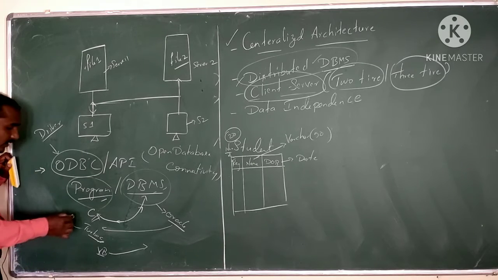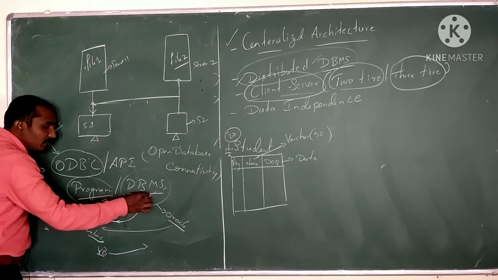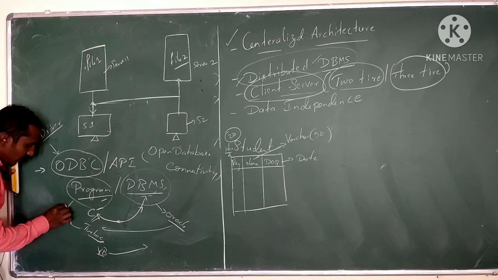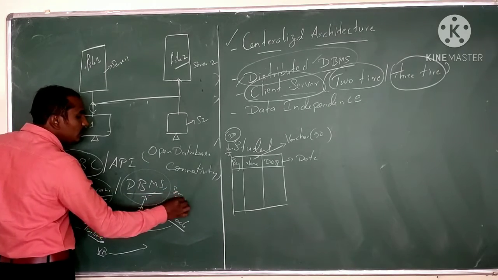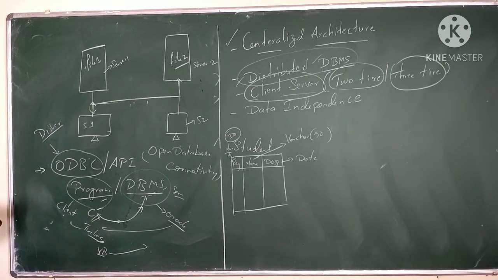Now in this case, the C program is accessing information from the DBMS. The C program will be acting as client and the DBMS will be acting as server, because it will be providing the data to this particular programming language.